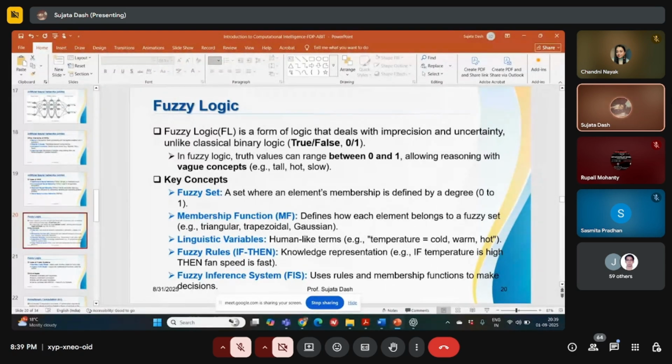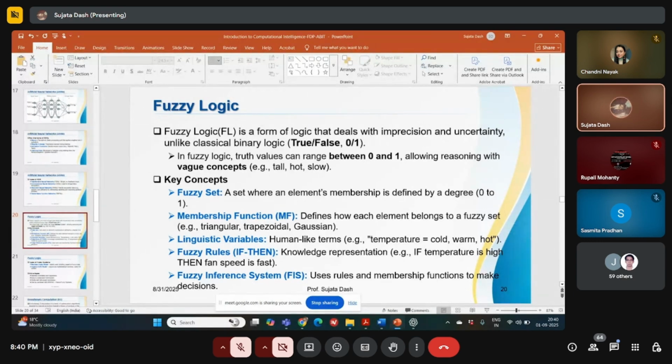Then comes fuzzy logic. So what is fuzzy logic? As you know, traditional computing is binary. Things are either 1 or 0, true or false. But real life is very rarely like that. Real life problems rarely deal with crisp values.